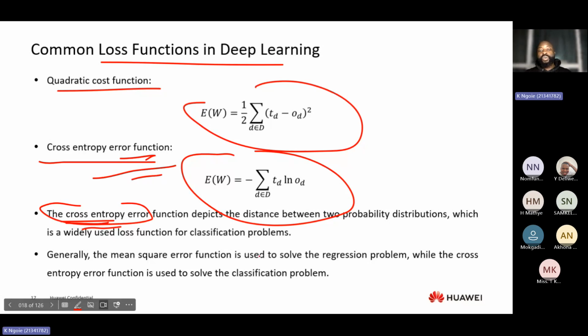When we have a regression problem, we use the quadratic cost function, which is also called the mean square error function.